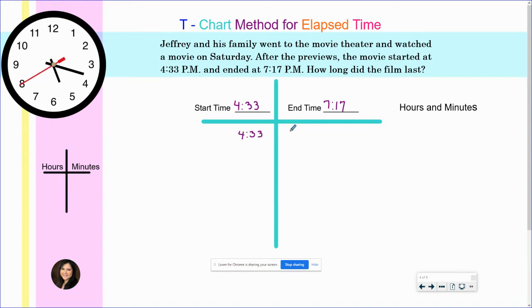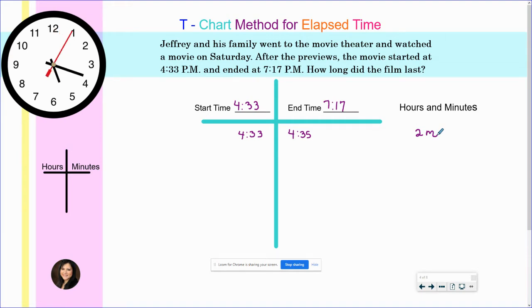So from 4:33, let's go ahead and elapse to 4:35, and we're going to record how much time has elapsed here. So from 4:33 to 4:35, we're going to record 2 minutes.